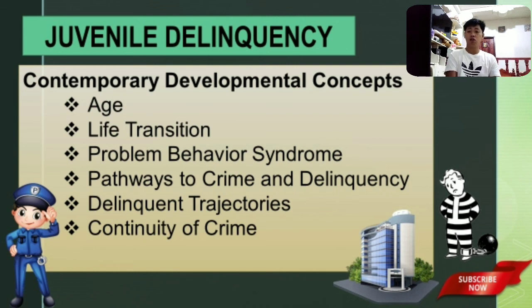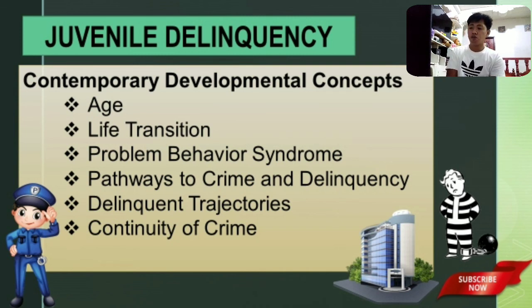Bago ka pa dumating sa adulthood, pwedeng magkaroon ka na ng life experience na pwedeng magpabago sa iyo, or the worst case is that you will not survive until that age, which can be the reason why hindi na matutuloy yung pagiging delinquente mo. Halimbawa 18 years old, nahuli ka na, nakulong ka na, hindi naman kaya is minalas-malas ka, napasubo ka, napahamak ka, namatay ka because of your actions.